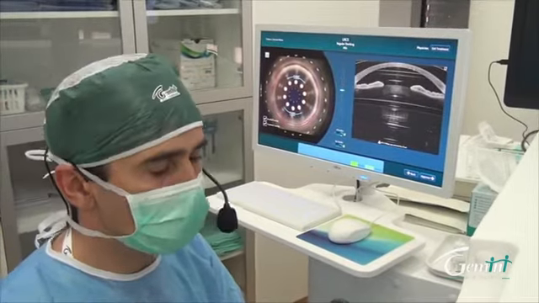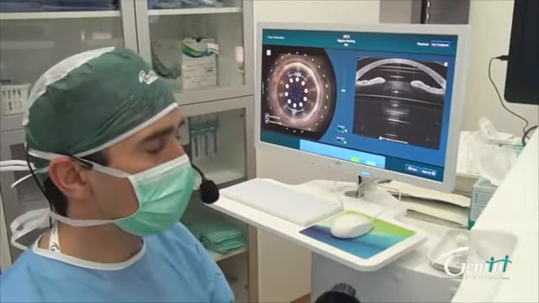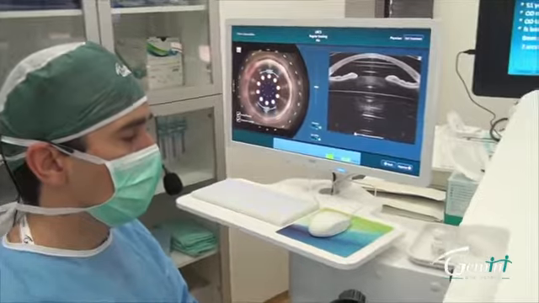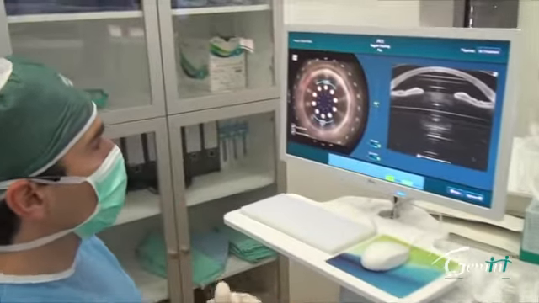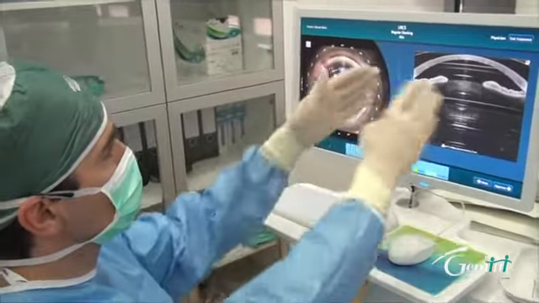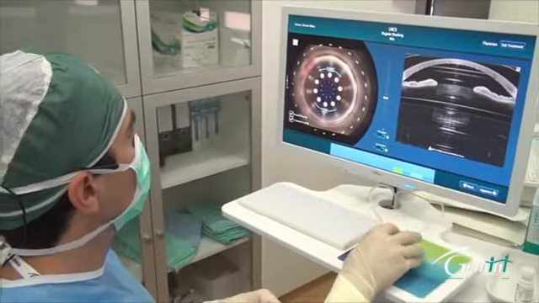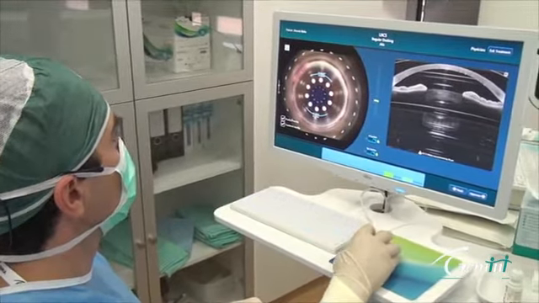Everything is ready, and we can just go on with treatment. So this is an OCT image of the cornea. Here is our treatment plan.